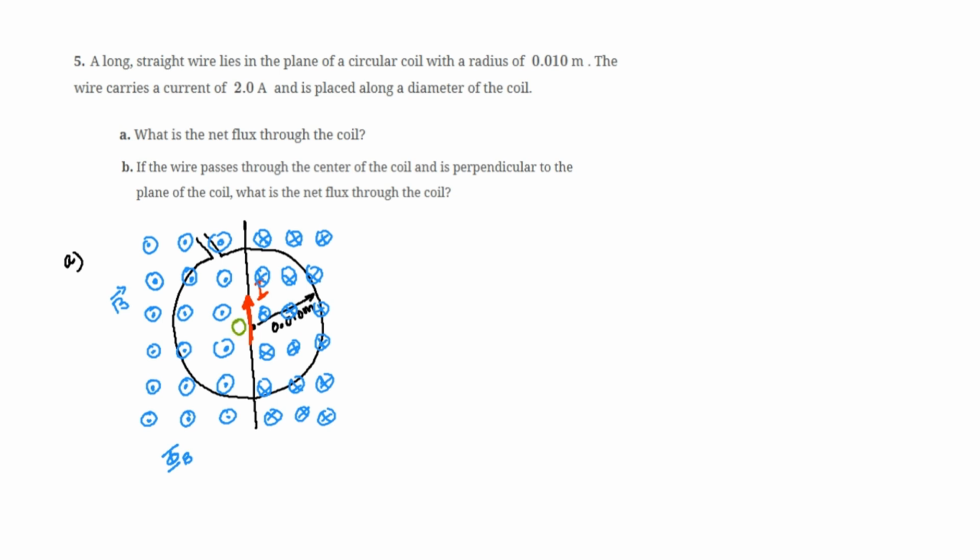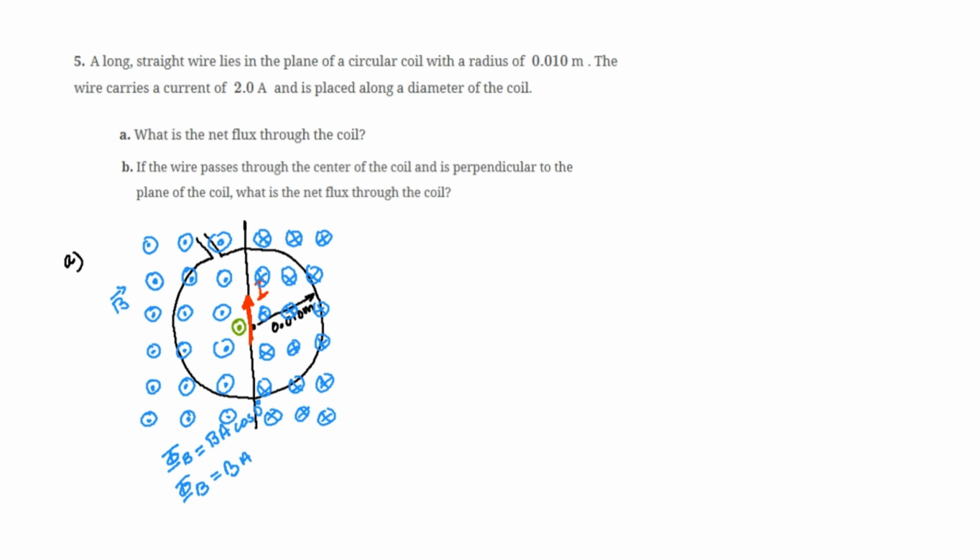So the angle in this case is 0. So this would be BA cosine of 0 degrees, which is going to be BA. But to the right of the wire, the angle is 180 degrees.